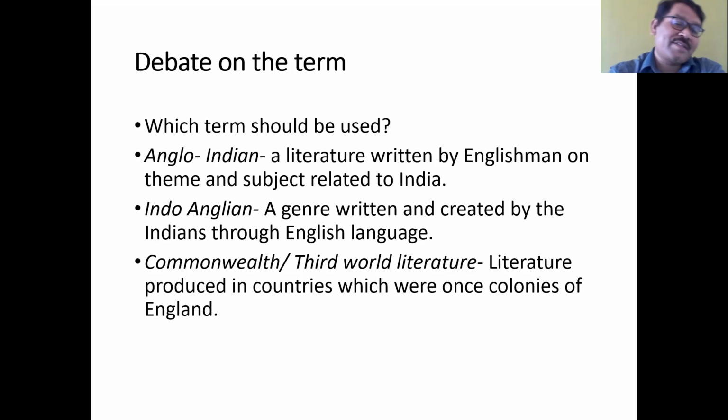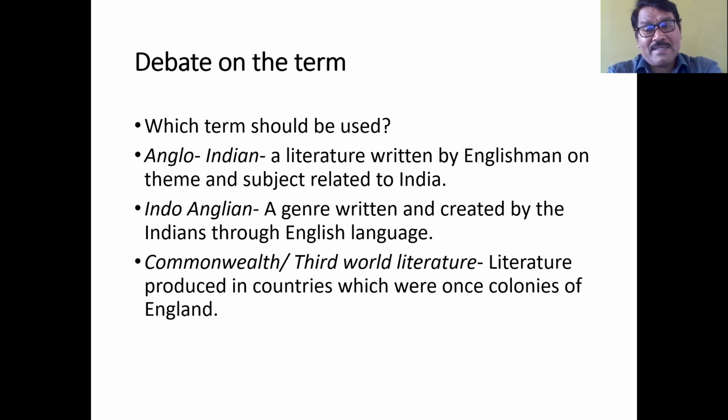There is another term used here, Commonwealth or third world literature. It's a post-colonial word. We have used this term, Commonwealth countries. It's an amalgamation or combination of Commonwealth countries which were ruled by the British Raj, whether it's India, Sri Lanka, Pakistan, Africa, Nigeria, Kenya, and New Zealand, Australia.